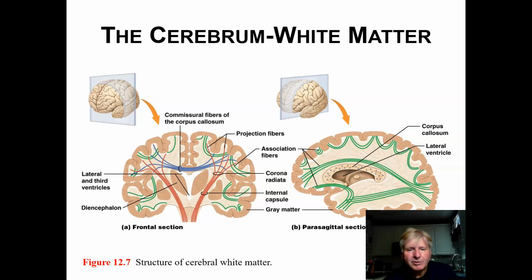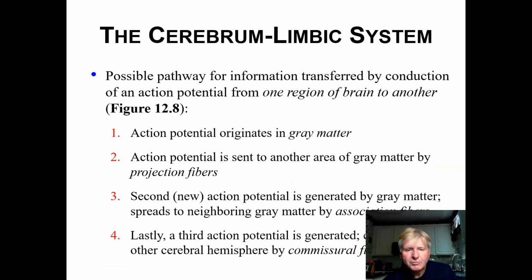And then the third group of fibers are the commissural fibers, and they take information from one hemisphere to the other hemisphere. The largest of those groups is the corpus callosum, and this allows the right hemisphere to communicate with the left hemisphere.